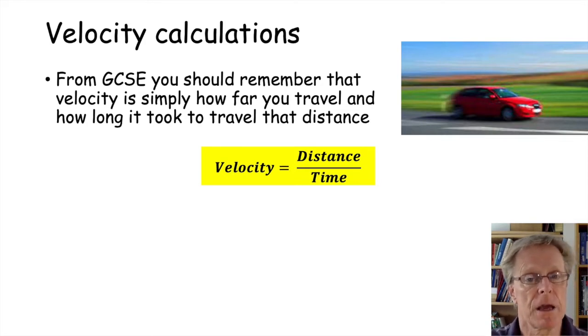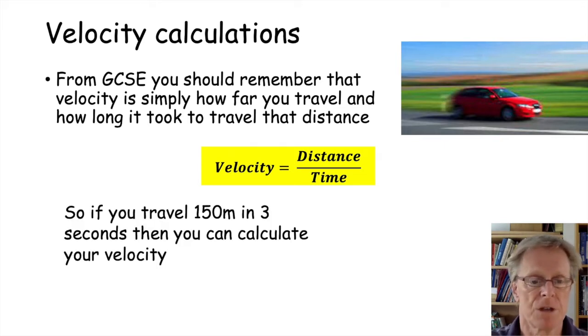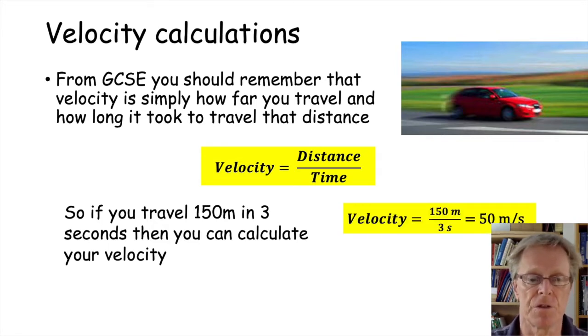In engineering calculations, we refer to meters per second, how many meters you travel per second. So, for example, if you travel 150 meters in 3 seconds, you can very easily calculate your velocity. 150 is the distance traveled, divided by 3 seconds, gives you 50 meters per second. That's your velocity.